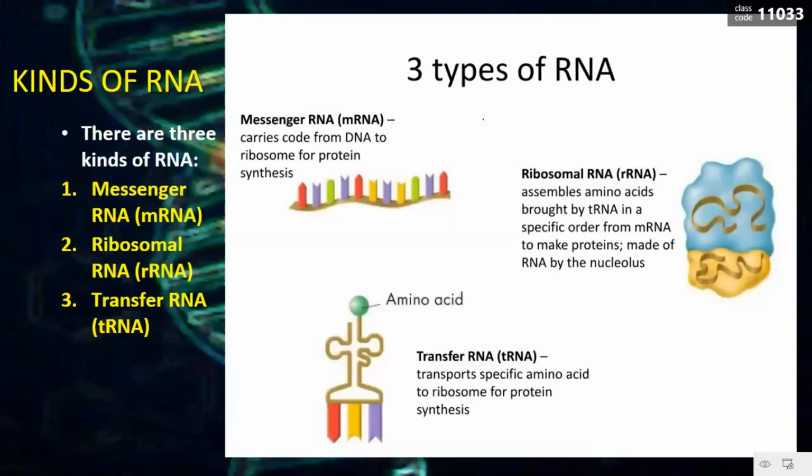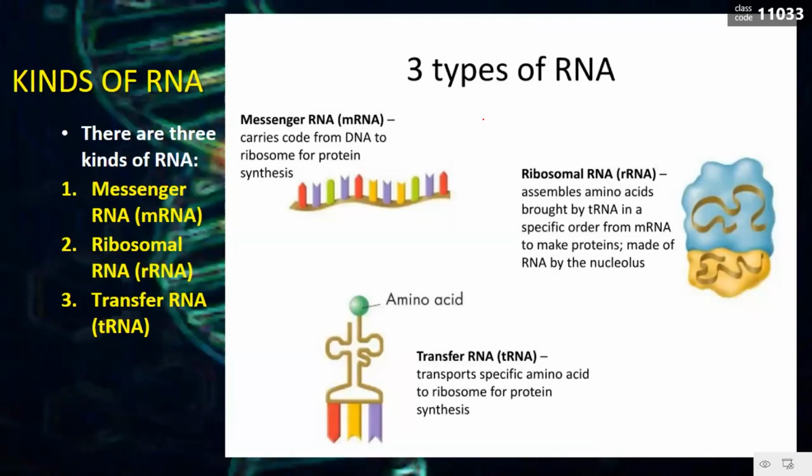So there are 3 kinds of RNA in our body. Here are the 3 major kinds of RNA: the messenger RNA or mRNA, the transfer RNA or tRNA, and the ribosomal RNA or rRNA. So what are their differences?